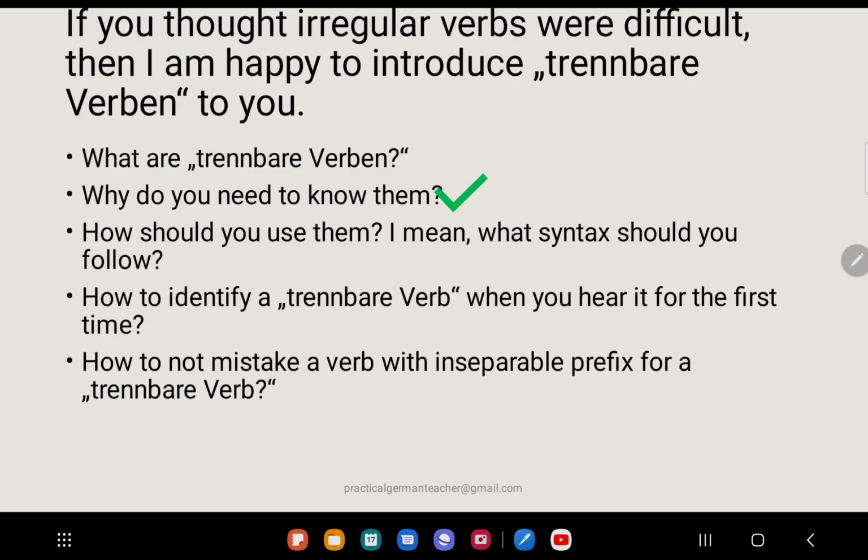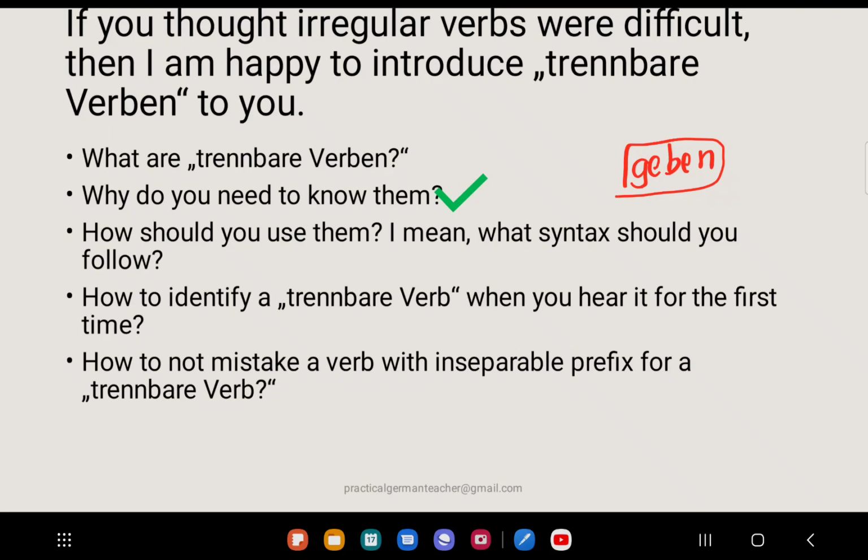But why? How I think of it is that they make you say so many things. If you follow me on LinkedIn, I recently posted about it. For example, you can take this verb geben, right? It means to give, and you can use this word geben to say at least 10 different things that I knew of, but then a German native speaker told me you can say 10 more things.